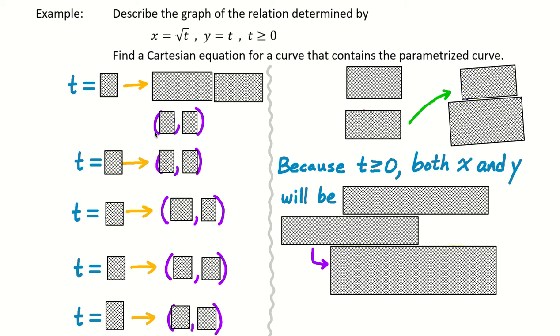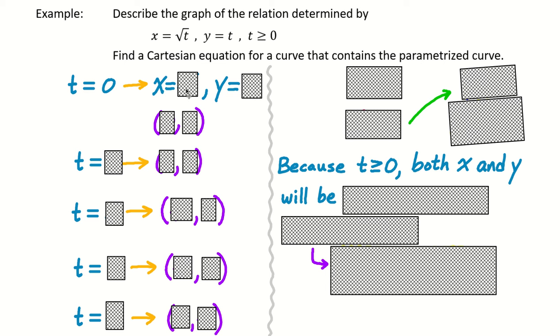Over here, a basic little analysis: remember our t values are going to be greater than or equal to 0, literally every value greater than or equal to 0. So let's say we plugged in 0.